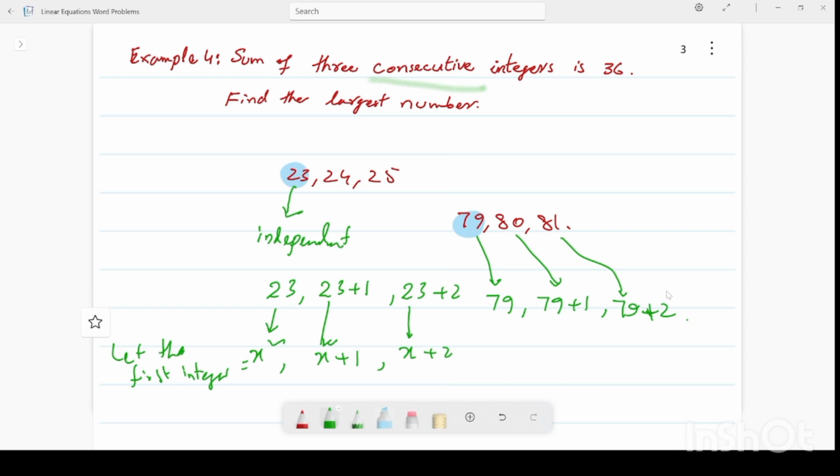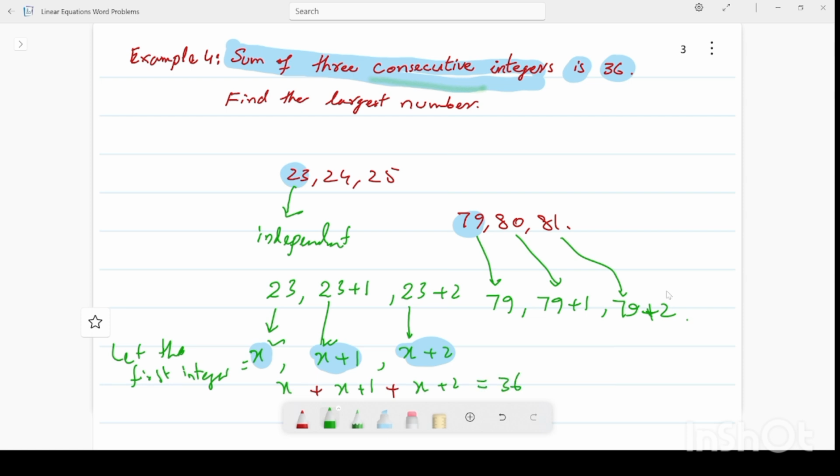Now we read the first statement again. It says the sum of three consecutive integers is 36. Sum means the plus of these numbers. So we have three numbers, and their sum would be x plus (x plus 1) plus (x plus 2), and the result is equal to 36.